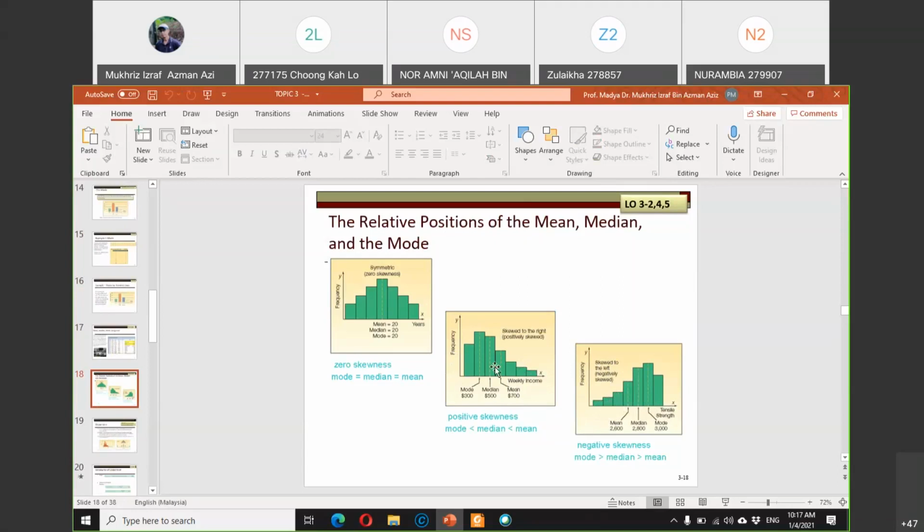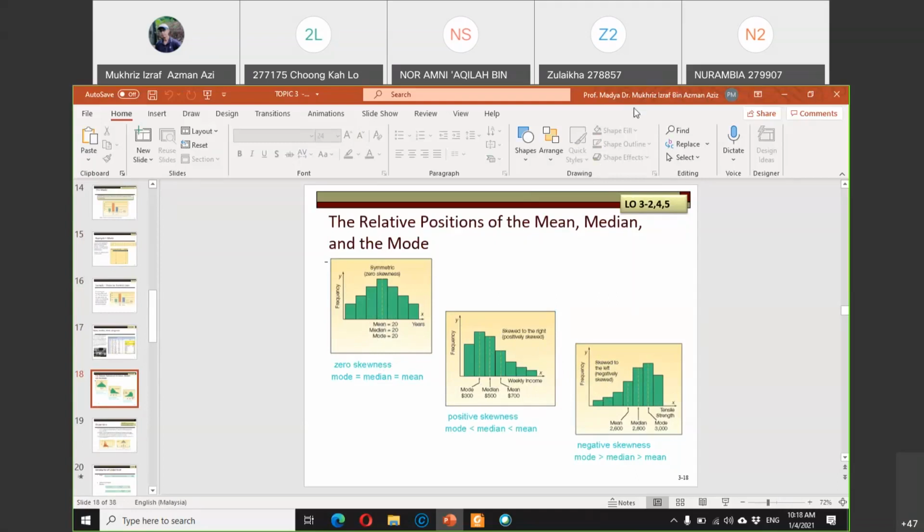So that's why the mean is pulled to the right for positive, but for negative, the mean is pulled to the left. The median stays the same in the middle, so the only change is in the placement of mode and mean. Whereas for zero skewness, all 3 values are located in the middle, at the same value.